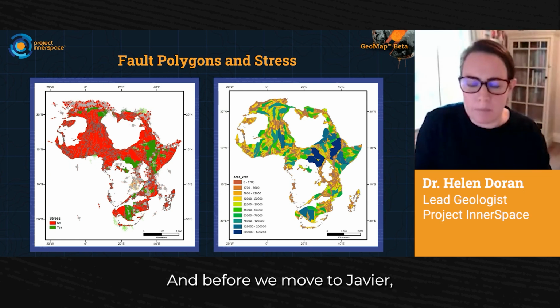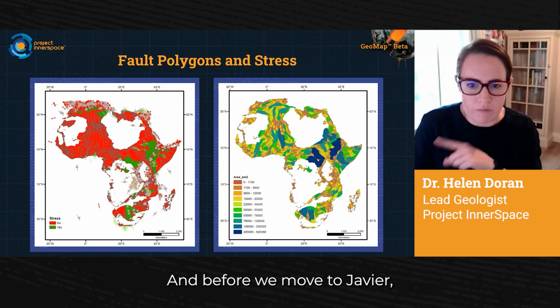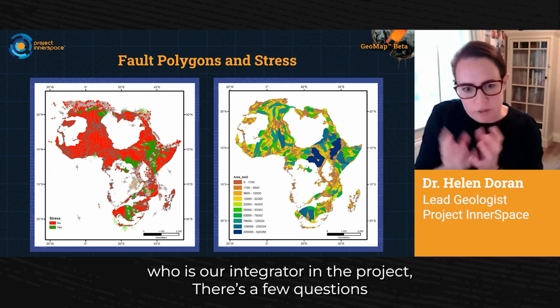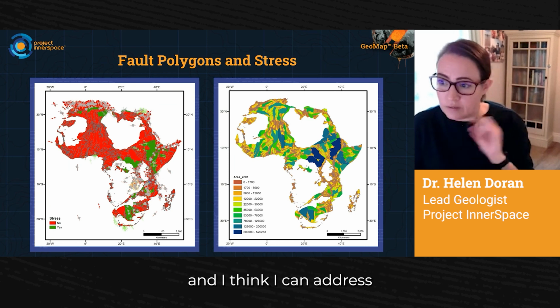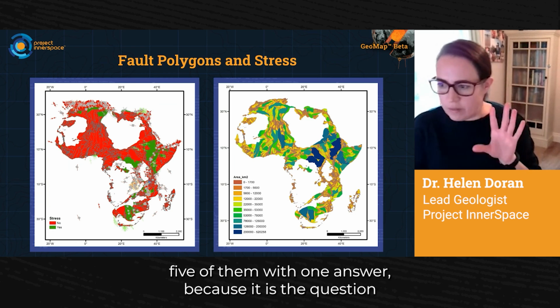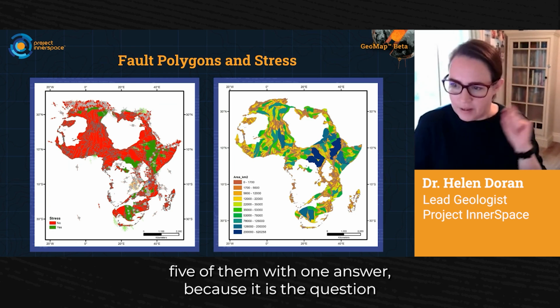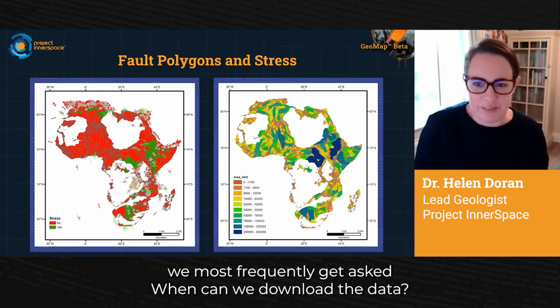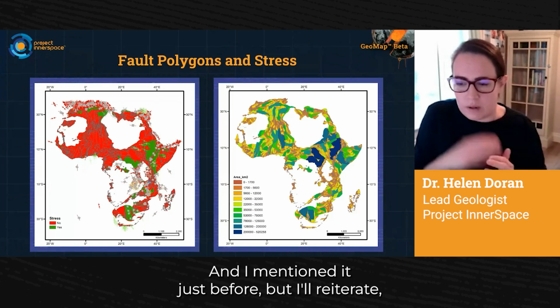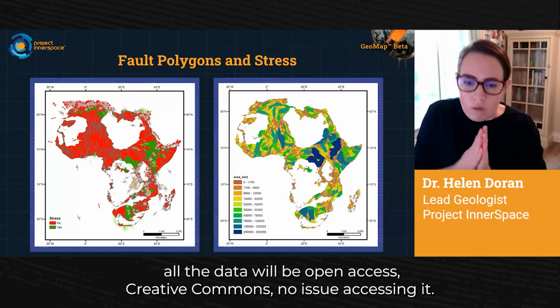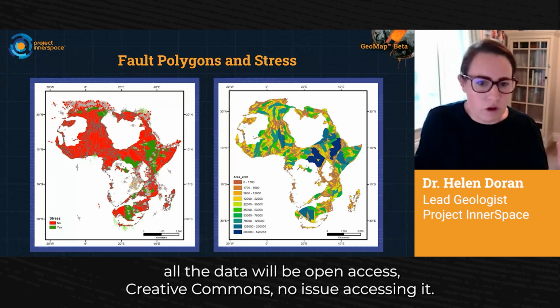Thanks, Mikael. Before we move to Javier, who is our integrator in the project, there's a few questions, and I think I can address 5 of them with one answer, because it is the question we most frequently get asked: when can we download the data? I mentioned it just before, but I'll reiterate. All the data will be open access, Creative Commons, no issue accessing it.